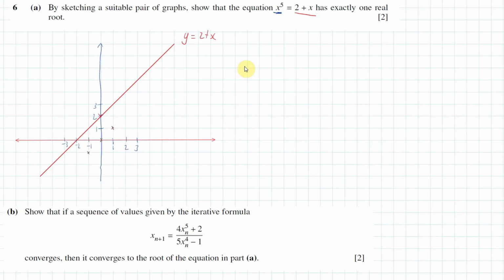And then negative 2 to the power of 5 is a very big negative number. So we've got something like this, and then it's going to go up like this very steeply.